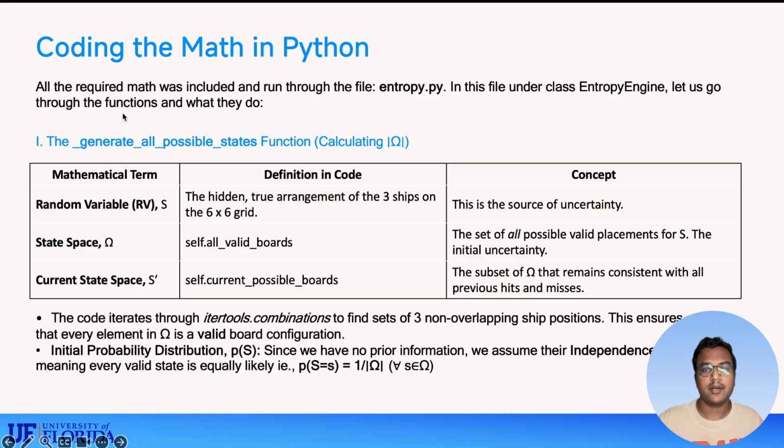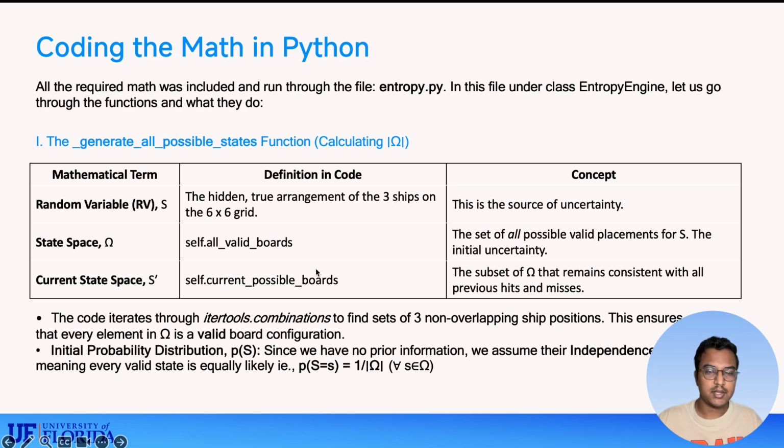Now let's look at how I translated these definitions into Python code. I created a class called Entropy Engine to handle the heavy lifting. There are 3 concepts here. The random variable S in this code represents the hidden true arrangement of the ships. This is the unknown we are trying to find. The state space omega in my code is stored in the list self.allValidBoards. This list contains every single possible valid placement of those ships in the board.